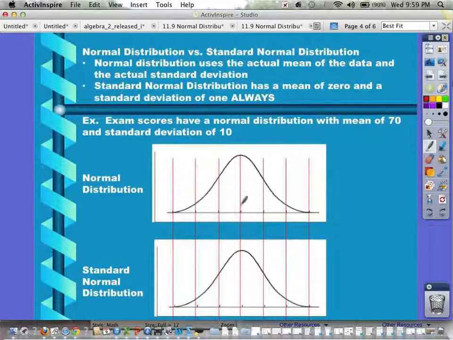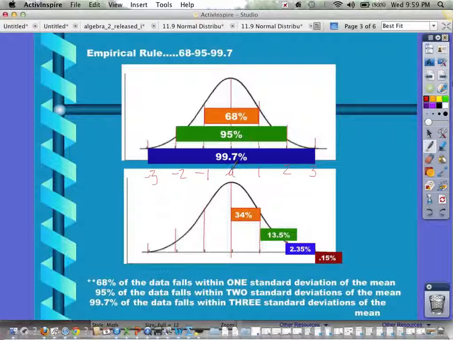They use the actual mean of the data and the actual standard deviation of the data. Whereas a standard normal distribution always has a mean of 0 and a standard deviation of 1, always. That never will change. So in the example I did in the front, where I put the mean, 1, 2, 3, that is really a standard normal, okay?